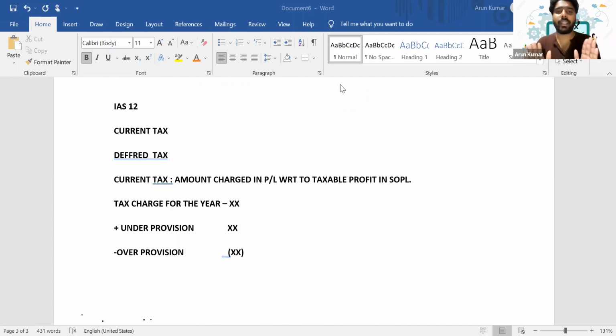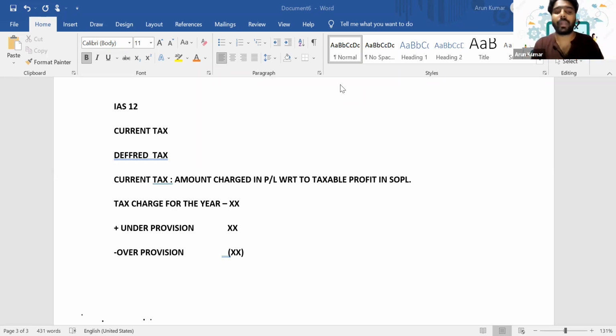But at the end of the day, the whole amount of the machinery is getting expensed, in my books as well as in the tax authority's books. But as a result, what will happen? For the time being, there will be a temporary difference. Temporary difference means, since I am depreciating this asset over 10 years, my depreciation charge will be a lower amount. But in the tax authority's books, the depreciation charge will be a higher amount because they are depreciating the same asset over 8 years.